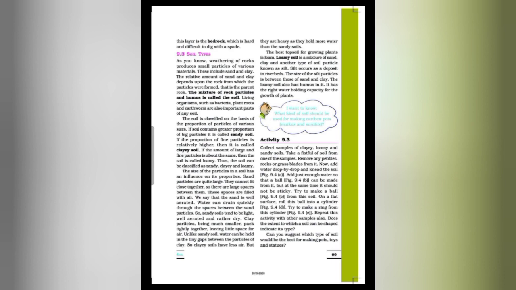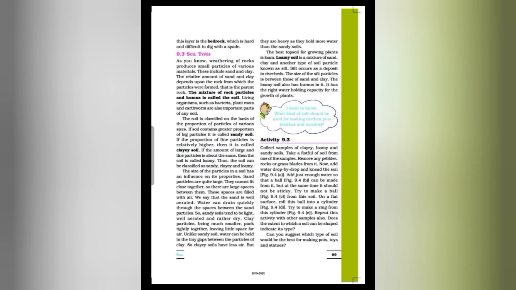So it has a very good water holding capacity. Clayey soil gets waterlogged easily during the rainy season. Clayey soil turns very hard on drying, and this soil is heavy because it can hold more water than sandy soil. And one more important property of clay soil is that it is very sticky when wet.